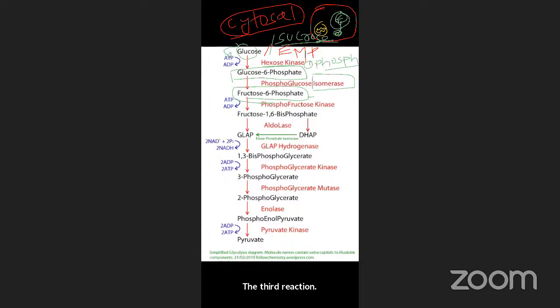So first phosphorylation, second isomerization, and third phosphorylation.